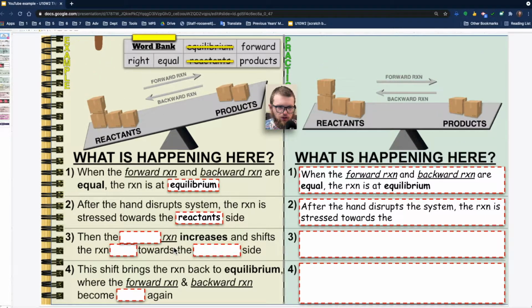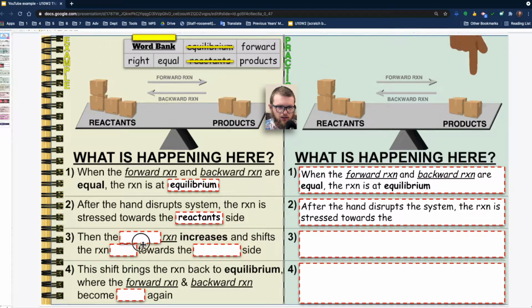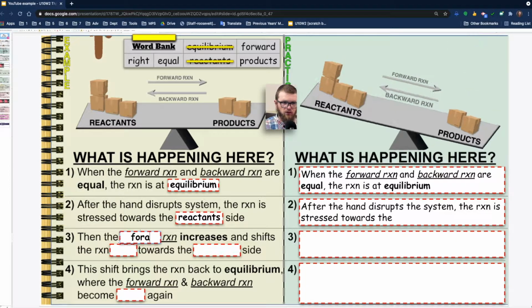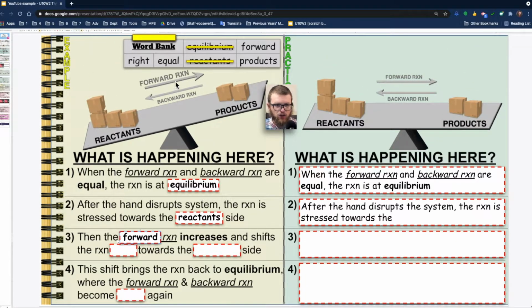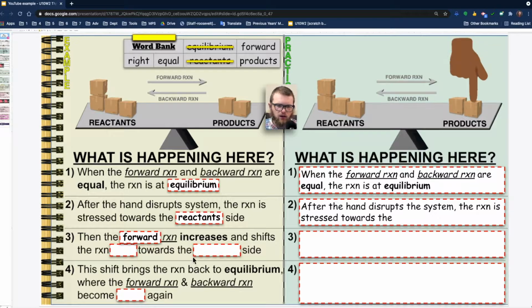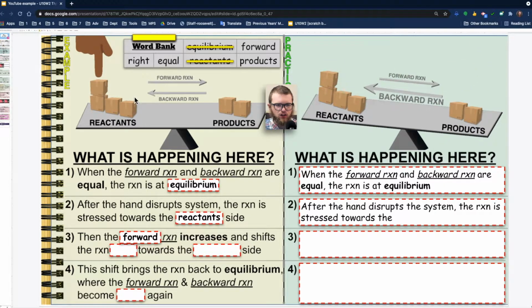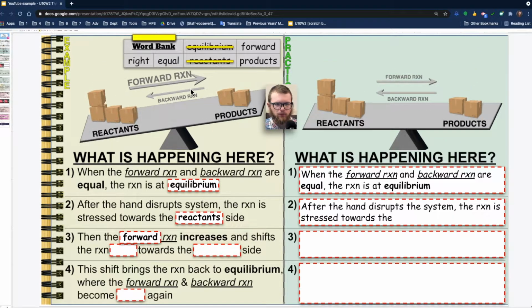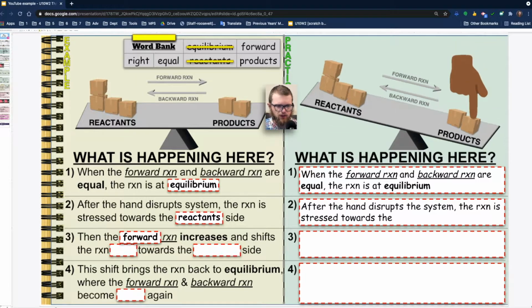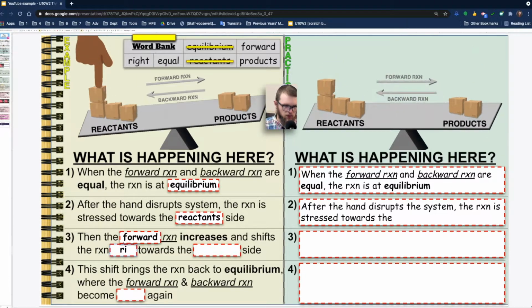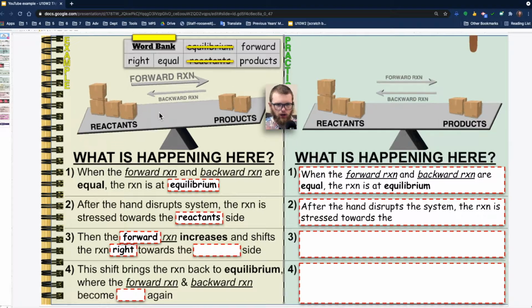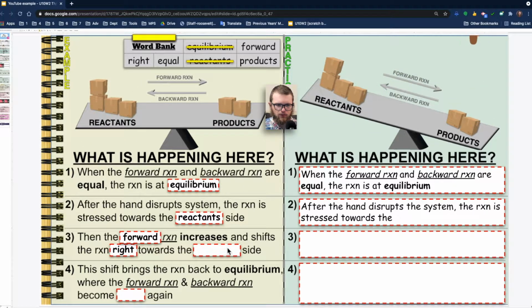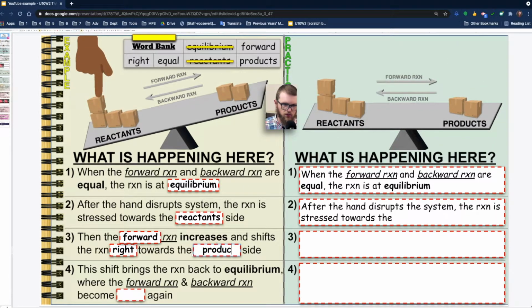Okay, it looks like the forward reaction increases like that and shifts the reaction. Well, when the forward reaction is going that way, it is to the right, and to the right is the products, right down there towards the product side.